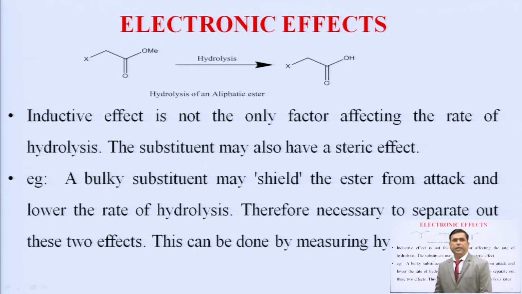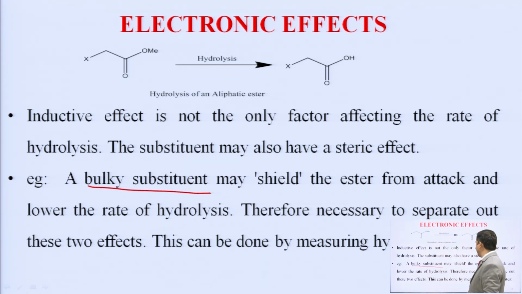Now, as we have already observed, the inductive effect is not the only factor affecting the rate of hydrolysis; the substituents may also have steric effects. Suppose we choose a bulky substituent. The bulky substituent may shield the ester from attack and lower the rate of hydrolysis.